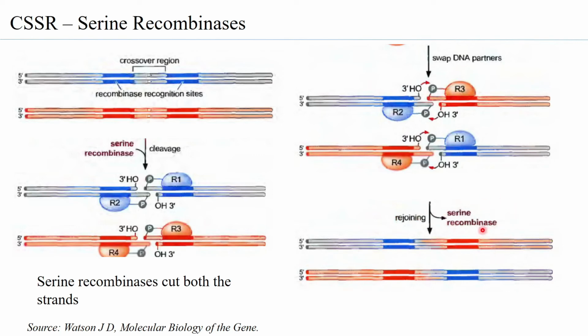And serine recombinase is allowing the mechanism to happen in a less number of steps, because both the DNA are being cut at the same time. So you would have this OH interacting with this phosphate and this OH interacting with this phosphate, and so you know that you have a Holliday junction formed over here in this manner.